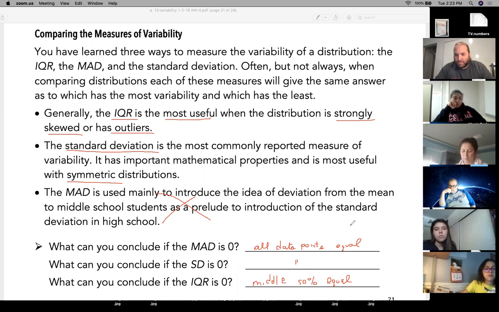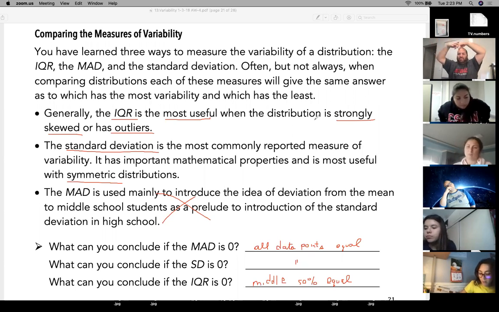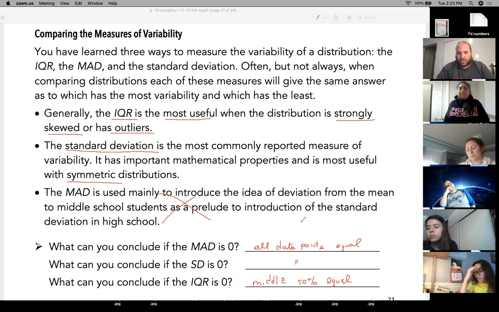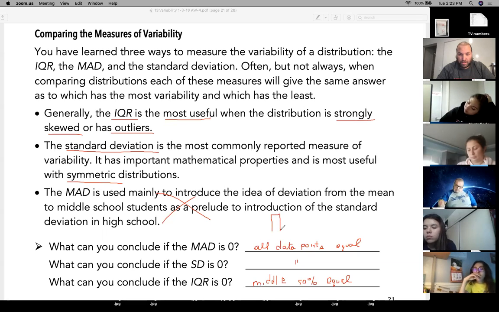What would that last one look like? Middle 50% are equal. Is that like C? Not really. No, with C, none of them are equal. You have 1s, 2s, 3s, 4s, 5s, 6s, all over the place. It would look something like this. Maybe you'll have a couple of things like this.